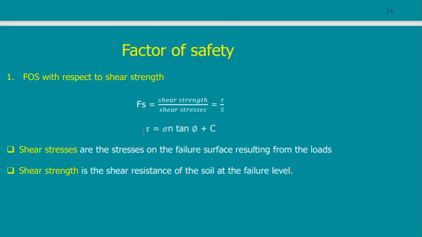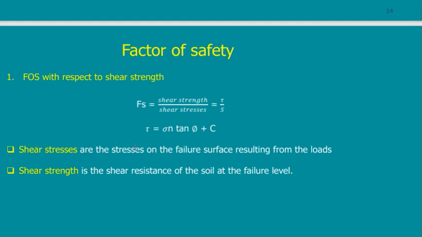There was an equation that tau is sigma n, the normal stress, multiplied by tan phi, plus c. So now our factor of safety is the relation between the shear strength and the shear stresses.